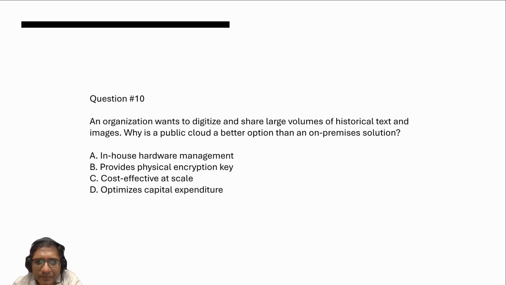So the right option over here is option C, cost effective at scale. So why is public cloud better? Because it is able to give you better cost effectiveness when it comes to pricing.